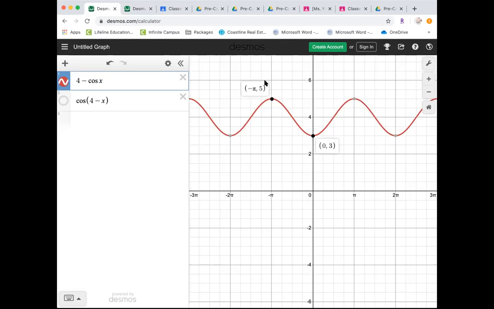Okay, so if it's 3 comma 5, where would my middle line be? Where's the midline for this graph? Let's pick Brenda. Brenda, tell me where's the middle of this graph?